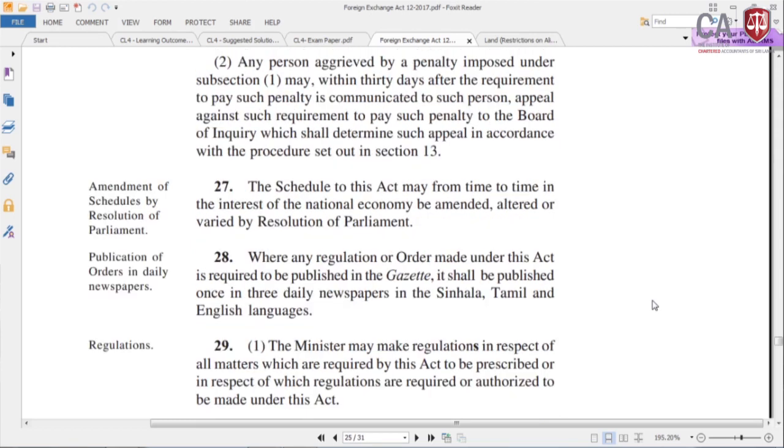Now you see section 28 is a very important thing, because it says that where any regulation or order made under this act is required to be published in the Gazette, and then under the regulations from time to time, the Monetary Board has the power to set and determine the amount that is to be set for this kind of transaction.